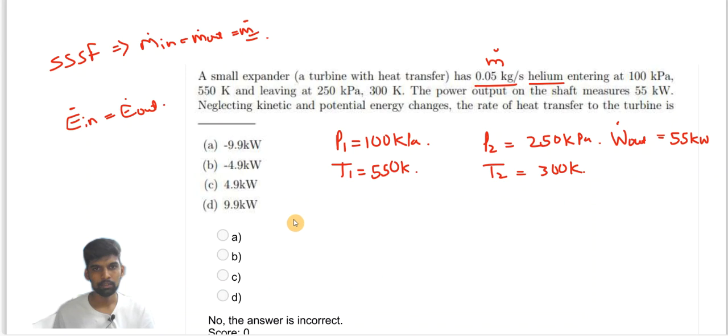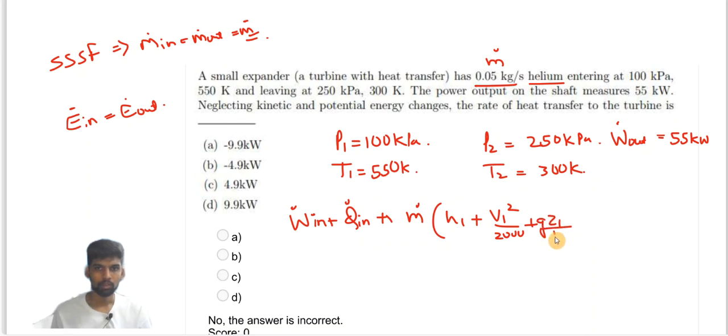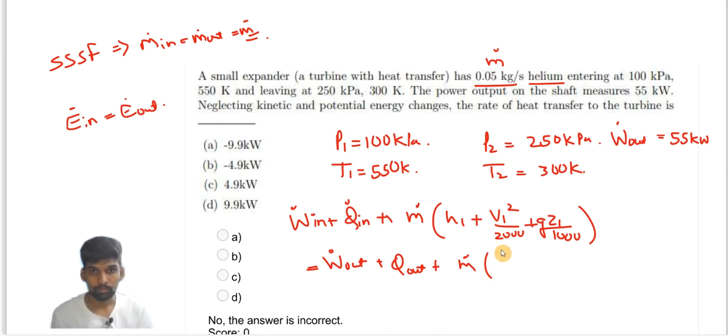So expanding it, we'll get W dot in plus Q dot in plus m dot (H1 plus V1 square by 2000 plus gZ1 by 1000) is equal to W dot out plus Q dot out plus m dot (H2 plus V2 square by 2000 plus gZ2 by 1000).